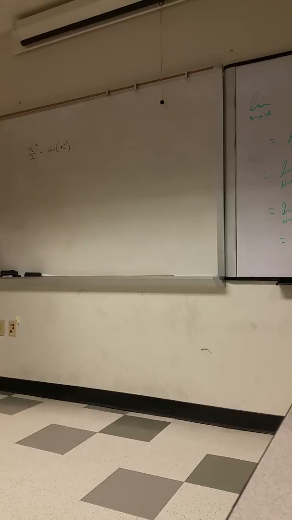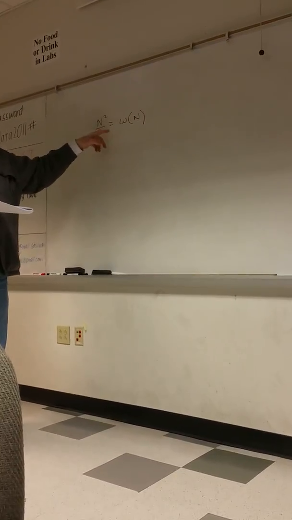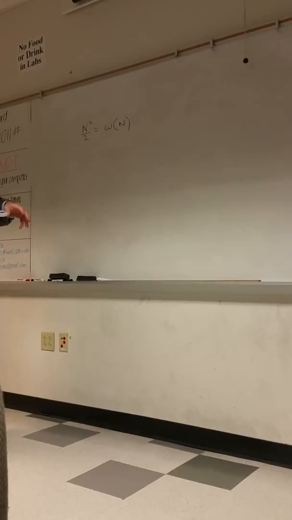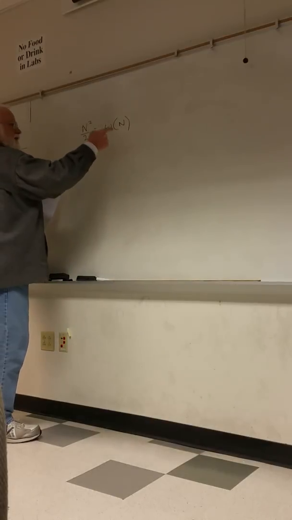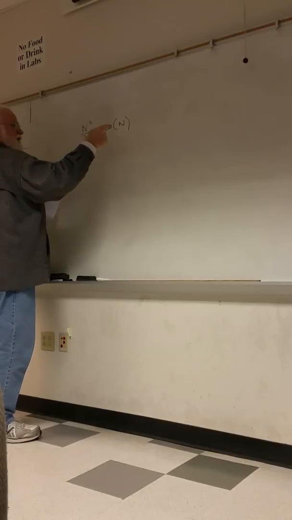Okay, so what this says is that n is less than n squared over 2, and not less than or equal, and not equal. So if I put this over this, this is the function, and this is the lower bound.